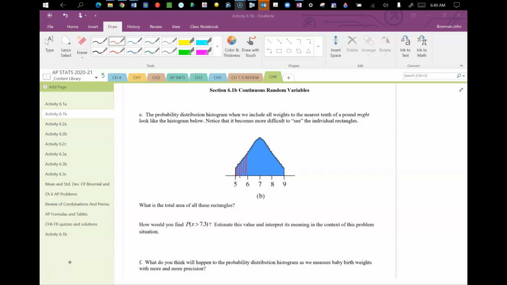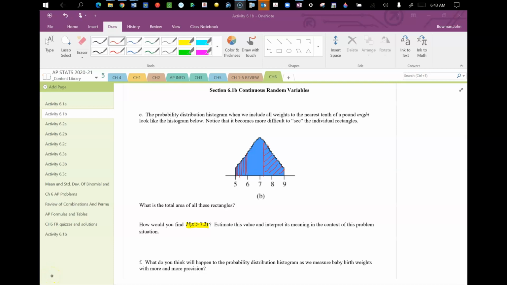So if we wanted to estimate the probability that the baby's weight is more than 7.3 pounds, what we would do is we would go up to approximately 7.3 on our probability histogram, shade the area that represents more than 7.3 pounds, and estimate that.